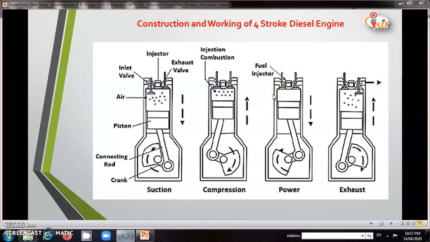When the fuel is injected in the high compression region, it ignites automatically and combustion of the fuel takes place, and we get the power stroke. In the power stroke, the piston moves from TDC to BDC. In the exhaust stroke, the inlet valve is closed and the exhaust valve is open. So the burnt gases produced escape from the cylinder to the atmosphere.